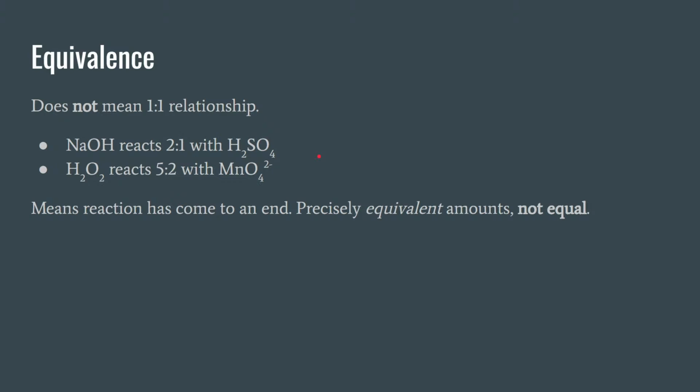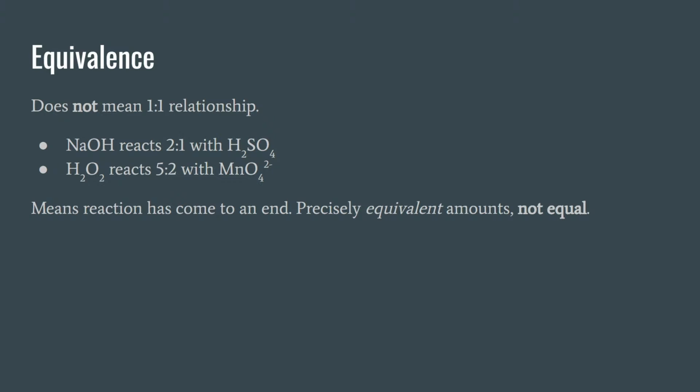So if you want to completely react sodium hydroxide with sulfuric acid, you need twice as many moles of sodium hydroxide as you do sulfuric acid. Hydrogen peroxide, meanwhile, reacts in a 5-to-2 relationship with permanganate. So you need 5 times as much of this. So the point is, once the reaction has been perfectly equivalent, not equal, equivalent, that's when your reaction is done.